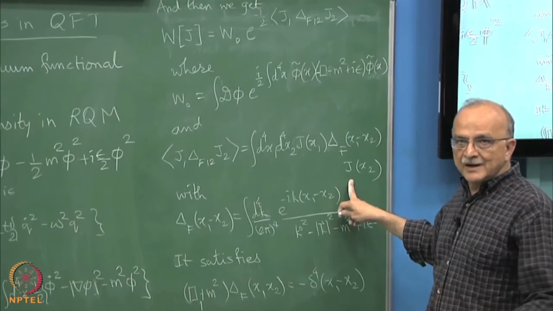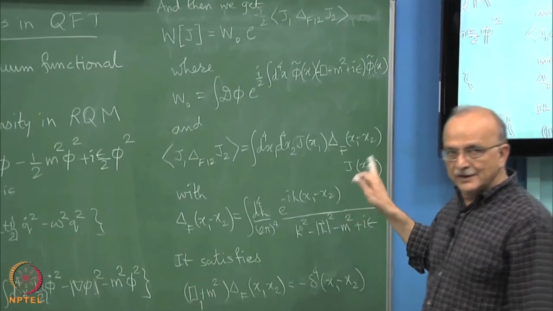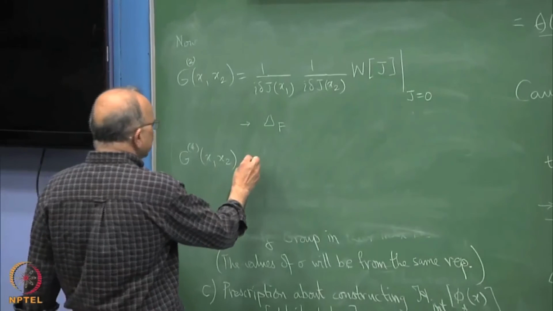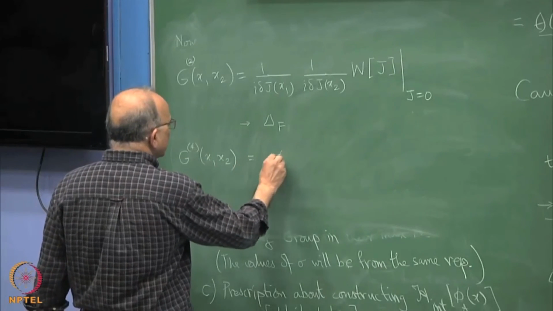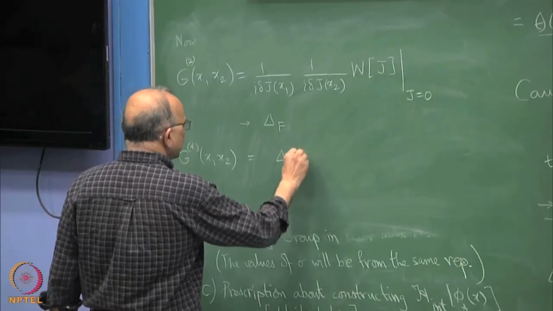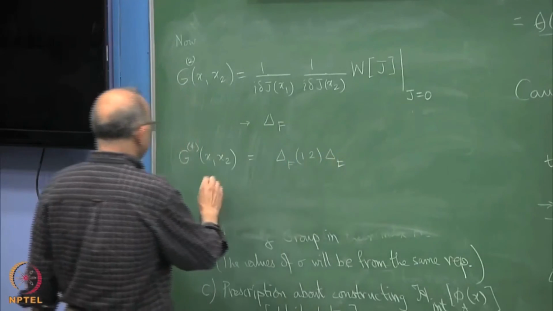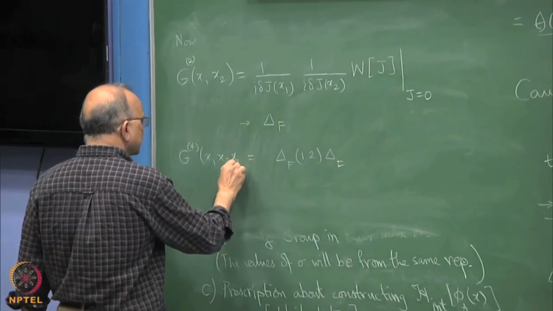So it will become 0 when you set J equal to 0. So only the even-numbered Green's functions are non-zero, and if you try to do this, it will become factored into delta F12, delta F34, so x1, x2, x3, x4.